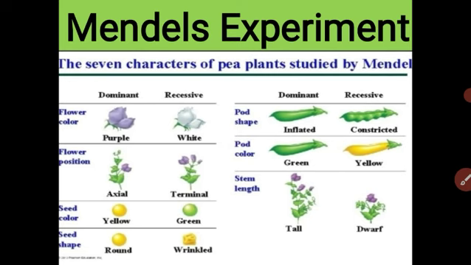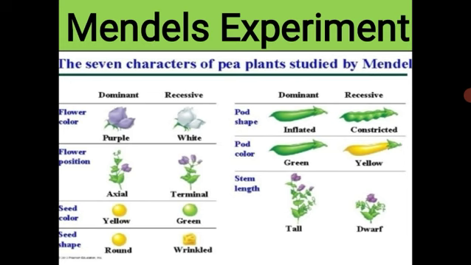So he chose the pea plant. Its botanical name is Pisum sativum, and the pea plant has 7 alternative, contrasting characters. So he could conduct many breeding experiments in the pea plant Pisum sativum.